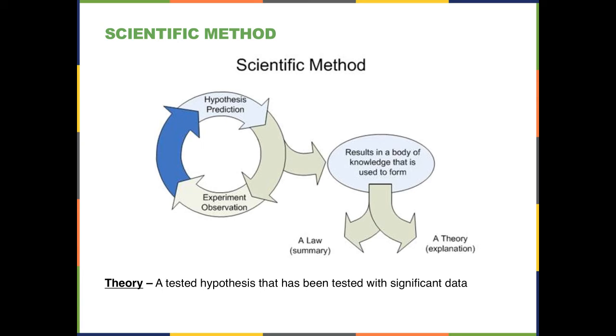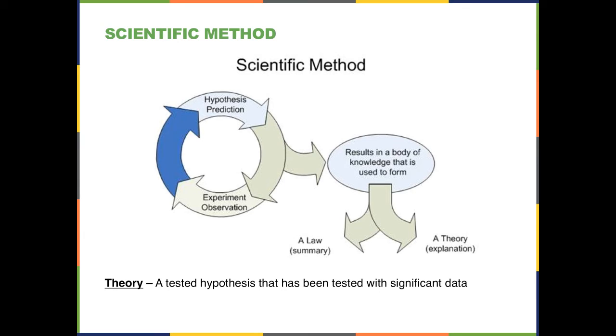And you start with your hypotheses and predictions, you do your experiments and observations, and you can make conclusions, etc., etc. And as this wheel turns, out pops results that form what we call a body of knowledge that we have. Now, one way of categorizing that body of knowledge is to call something a theory.